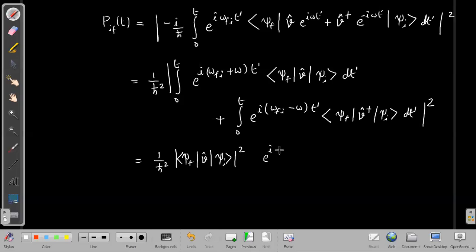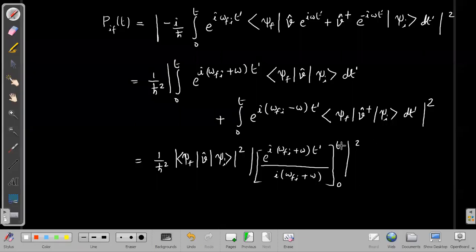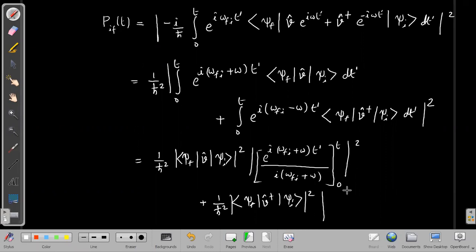It will give e raised to i omega fi plus omega t prime divided by i times omega fi plus omega, with the limit from 0 to t, and its mod square, plus 1 by h cross square, psi f v dagger psi i mod square, times the modulus of the integral of the remaining part, e raised to i omega fi minus omega t prime divided by i times omega fi minus omega, mod square, plus there will be a cross term here.